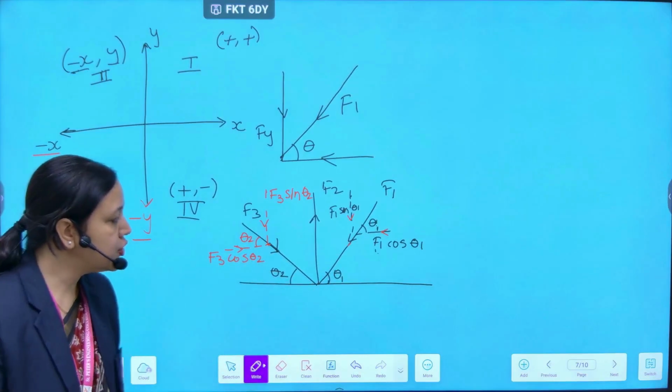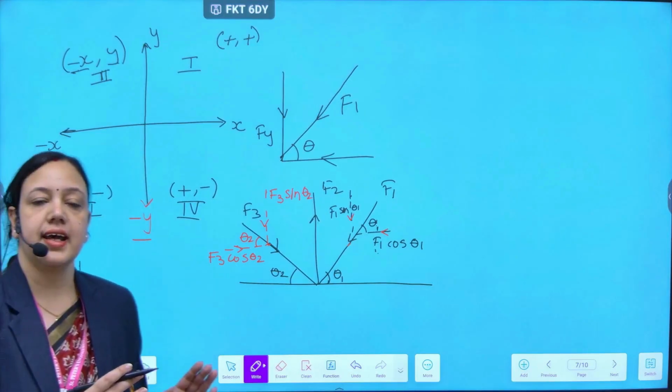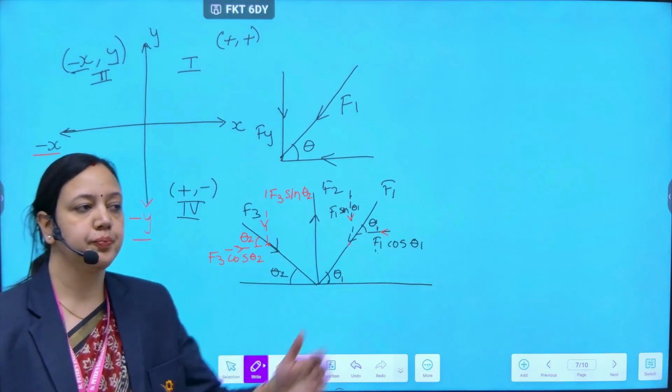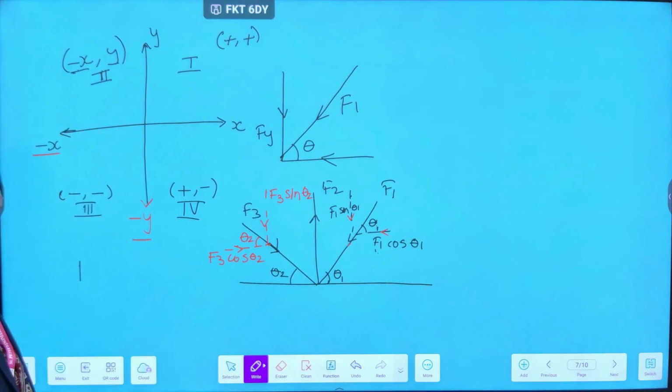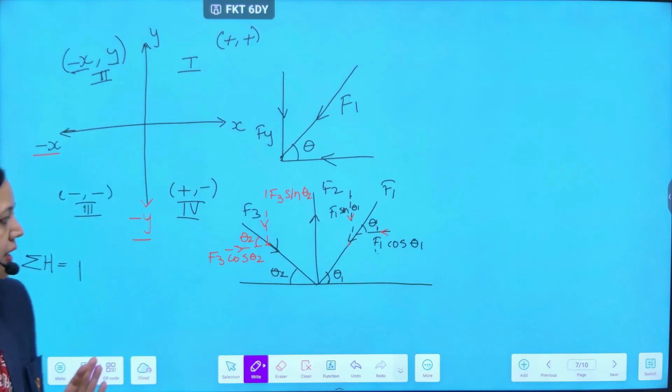What we need to do first is take the sum of all the forces acting in the horizontal direction and the sum of all the forces acting in the vertical direction. I will denote the sum of all the forces in the horizontal direction by the symbol sigma H.